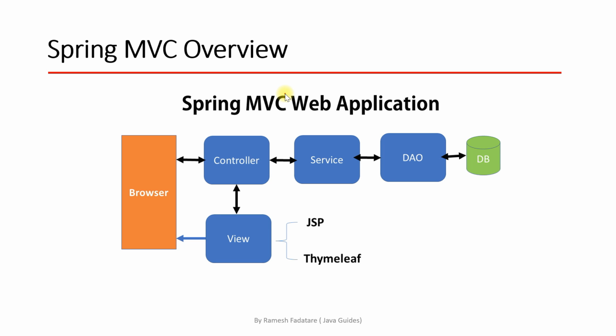In case of web applications, a controller returns views such as JSP, Thymeleaf, etc. And in case of RESTful web services, Spring MVC controller returns JSON or XML or other representational format that Spring MVC supports. Alright, this is a quick overview of Spring MVC.